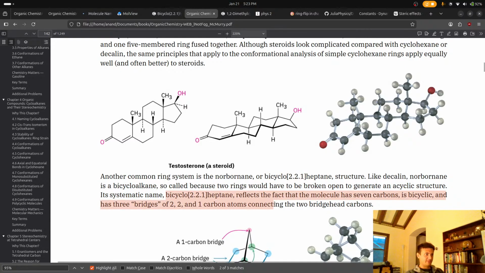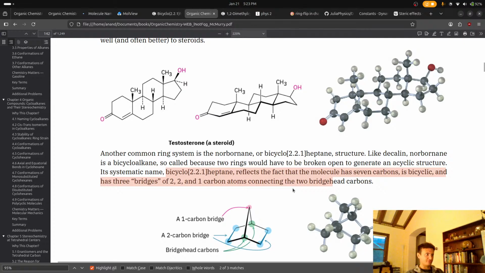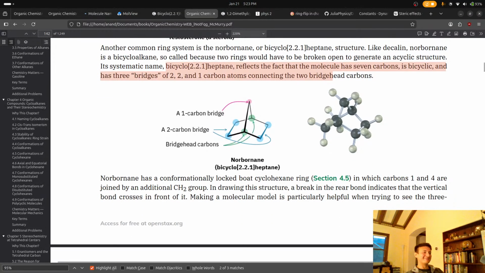Its systematic name reflects the fact that the molecule has 7 carbons, is bicyclic, and has 3 bridges. Oh, wow. That's weird. That's how they name it? That's weird. Based on the number of carbon atoms connecting the 2 bridgehead carbons. That's freaky.